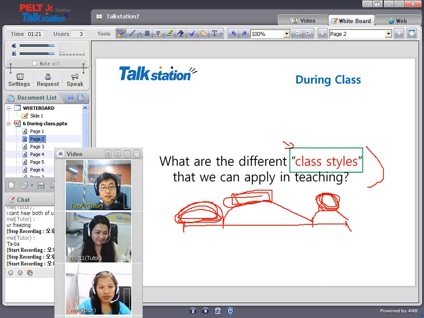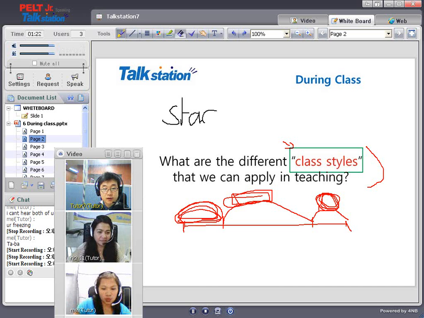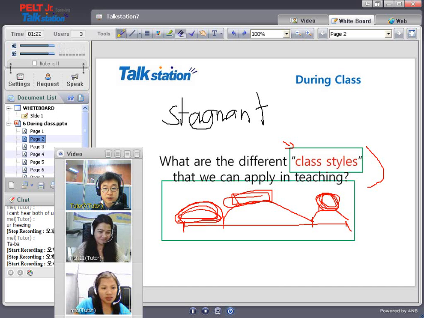Also, sir, I want to add something. Your class style shouldn't be stagnant. Say, for example, your class style is like this one. It's going to be boring, right? So you have to change.